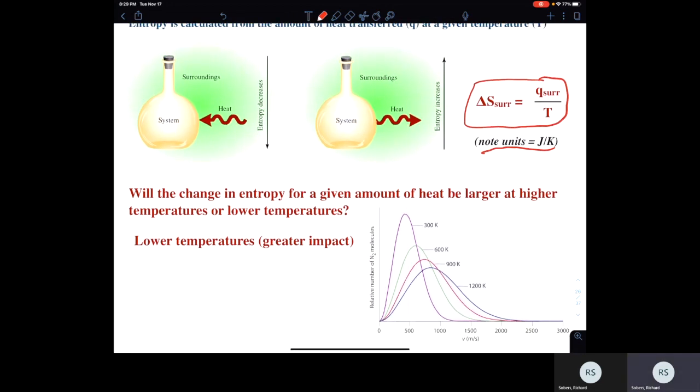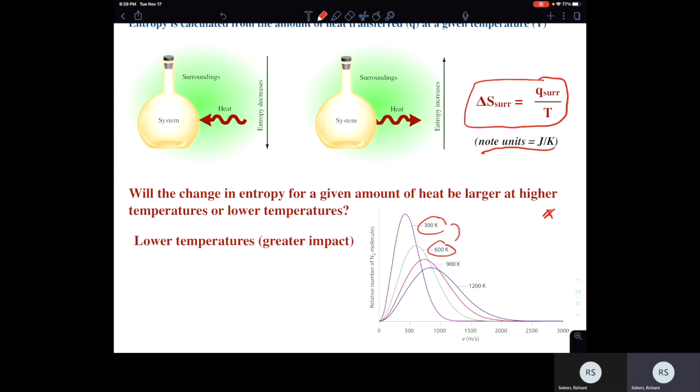So how should you think about this? Well, look at the distributions in this figure here. If you're at a low temperature like 300 Kelvin and you go to 600, look at the big difference in the shape of the energy distributions. Okay, the purple and the green.